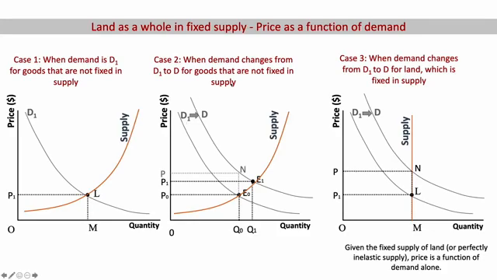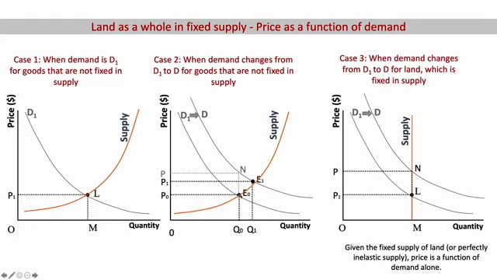We are discussing a scenario where demand changes or increases from D1 to D. A rightward movement in demand indicates an increase in demand, because if you focus on the intersection point of demand curve D1 with supply, E naught, and the intersection point of demand curve D with supply, that is E1, you will realize that at point E naught, the quantity demanded was Q naught at a price P naught.